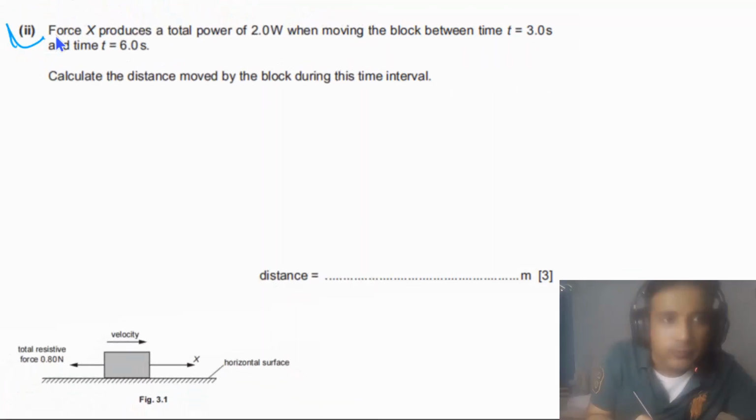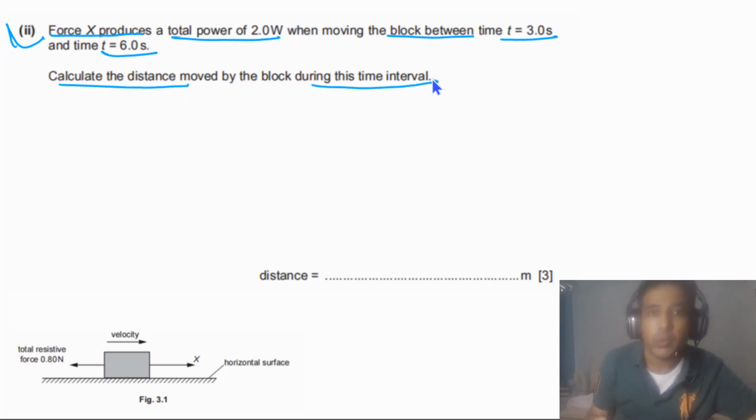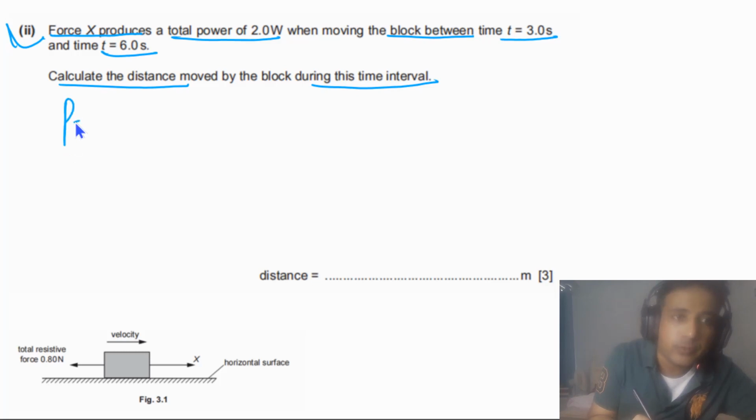Part 2 says force X produces a total power of 2.0 watts when moving the block between time t equal to 3.0 seconds to t equal to 6.0 seconds. Calculate the distance moved by the block during this time interval. For this one, first we need to understand that power is equal to Fv.